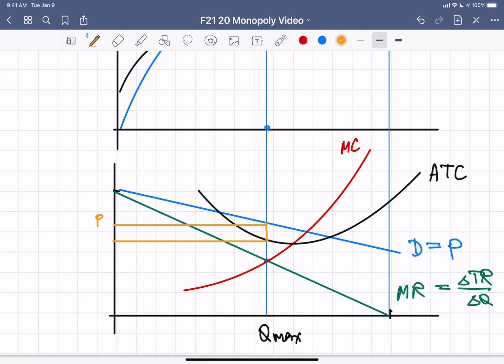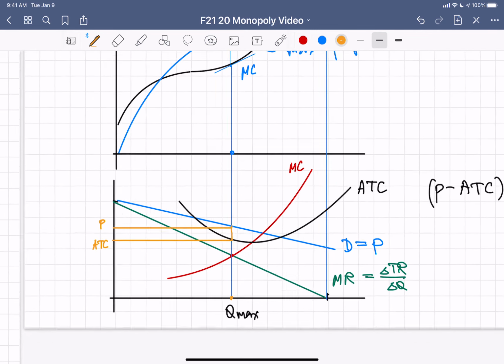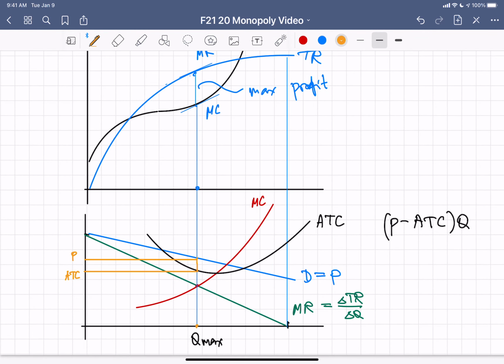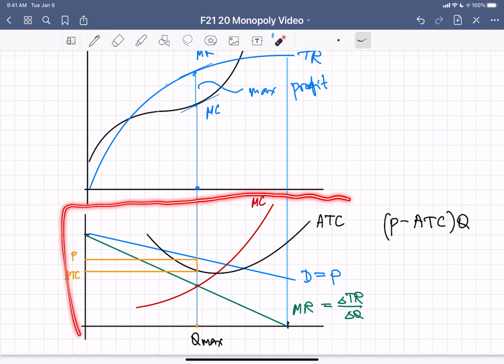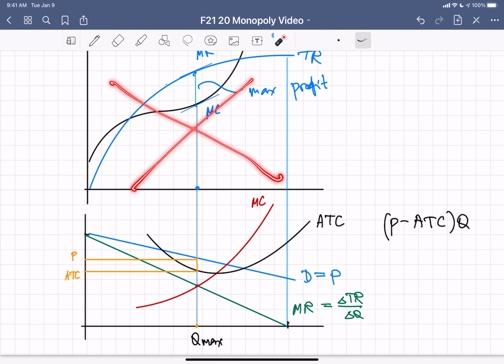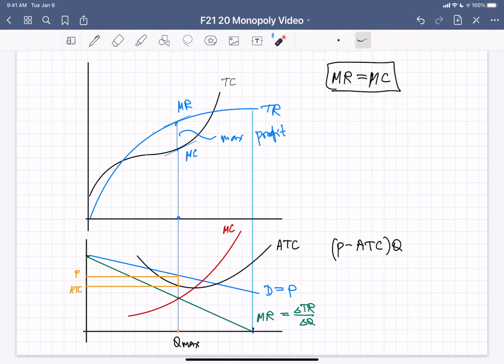So this is price, this is ATC at this Q. Here we go. That's how you figure out the profit maximizing level of output and profit itself on both diagrams. But of course, we mostly use this one to understand what's going on, and we're supposed to actually be able to work with this diagram without even looking at this graph. So be prepared to deal with these curves.